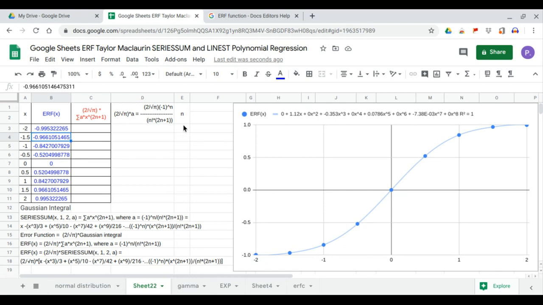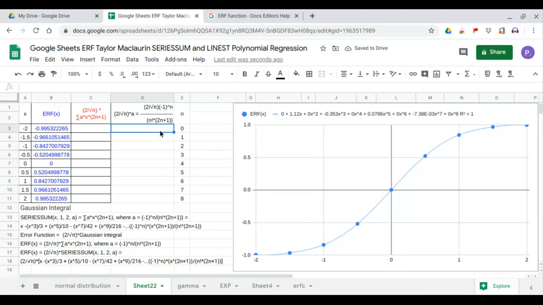Our values of n here for now will generate from 0 to the maximum of our data set. The result will be an approximation of the Erf function.